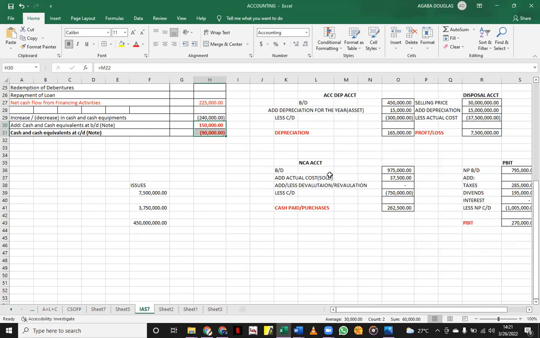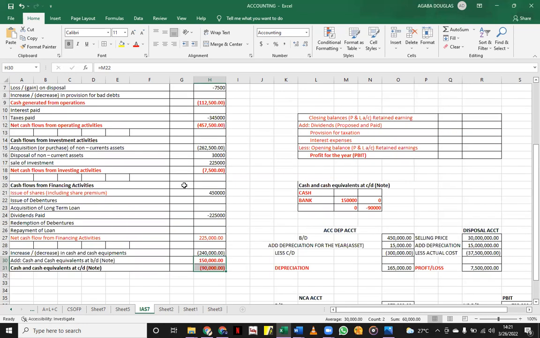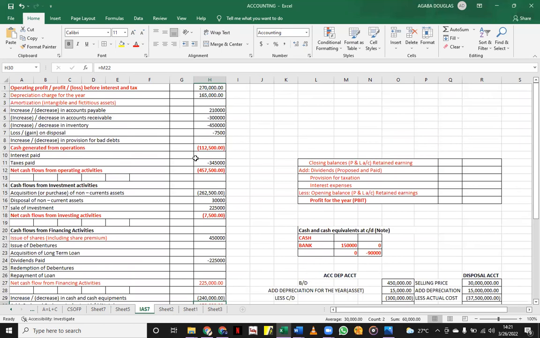And you will always find that these are the most common accounts: disposal account, depreciation, non-current asset account, and then the profit before interest and tax. And then, of course, when it comes to issuing of shares, the other important thing is you need to know which non-cash item is going to be added back and which non-cash item is going to be less.